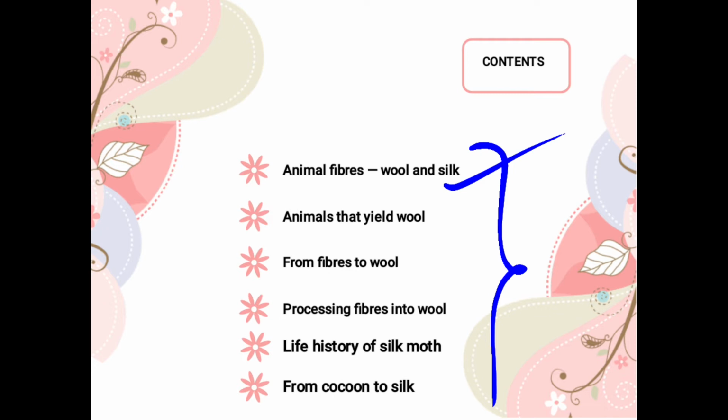The next one is how the fiber is converted into wool, by which process the fiber is converted into wool. The next one is the life history of a silk moth, and then we have to study how with the help of the cocoon it is converted into silk fiber, how we get the silk fiber from the silkworms, etc.